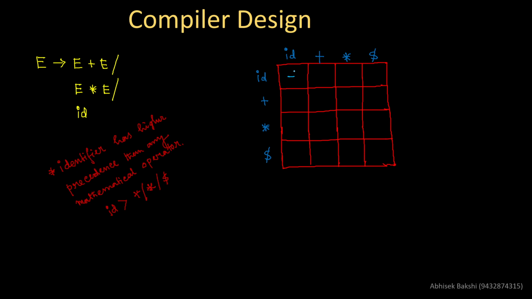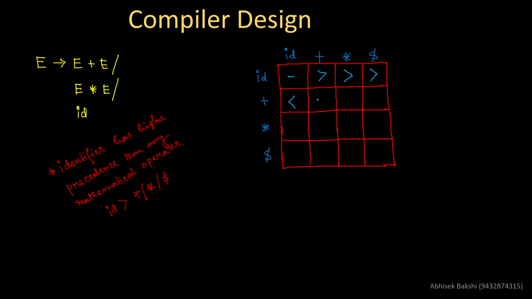So if two identifiers come, there is no place to decide which identifier will work first. Now, since ID is greater than any other operator, for the other cases it is greater than. Now, plus to ID, plus is lesser than ID.